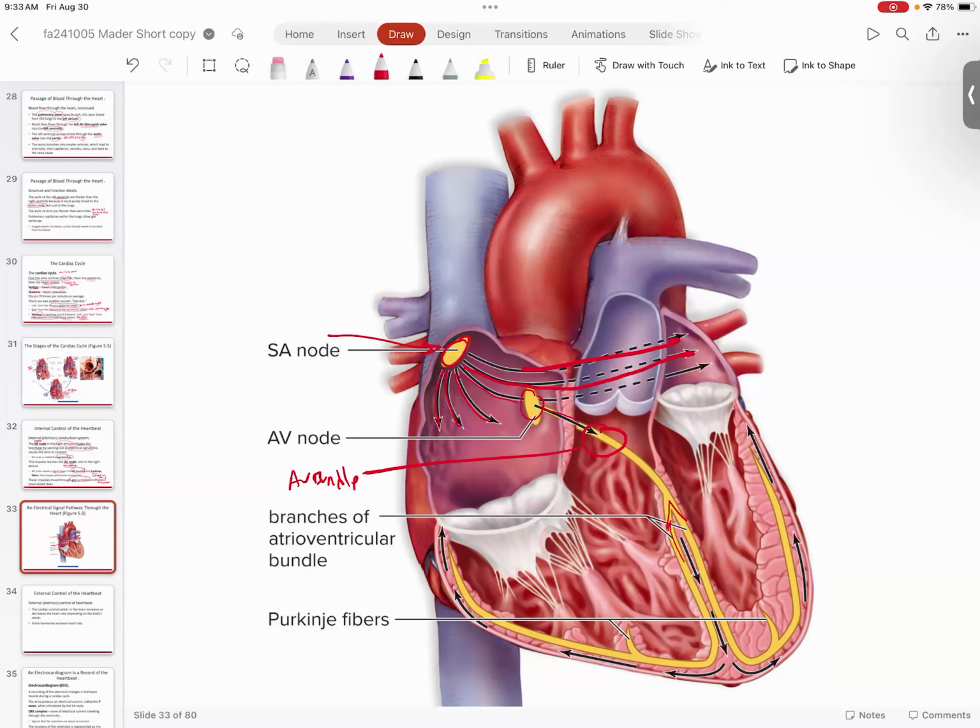The right bundle branch will wrap around the apex and the lateral wall of the right ventricle. The left bundle branch will wrap around the left lateral wall of the left ventricle. And then coming off of these bundle branches are all these little fibers that interject themselves into all the nooks and crannies everywhere there's muscle. Those are the Purkinje fibers, making sure that everybody is getting the message.